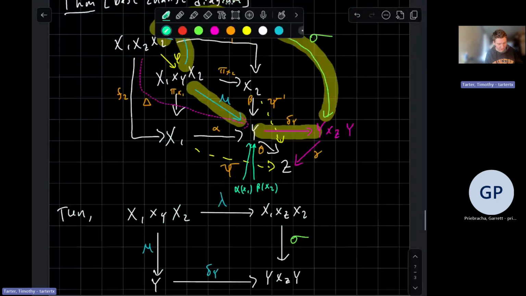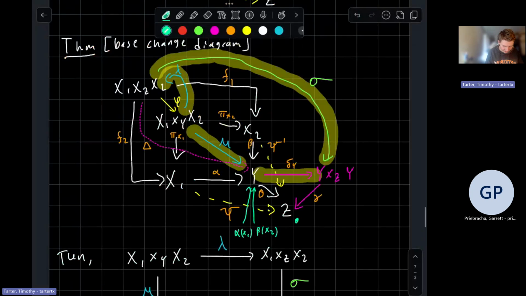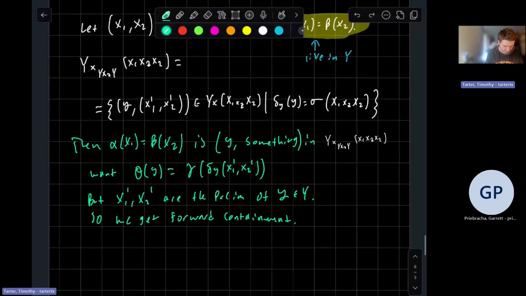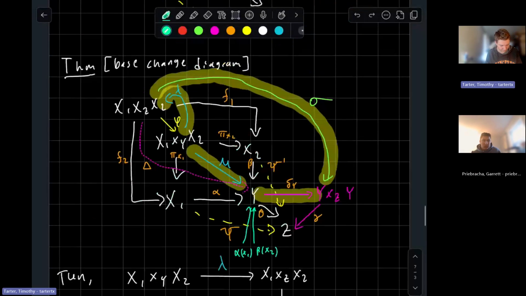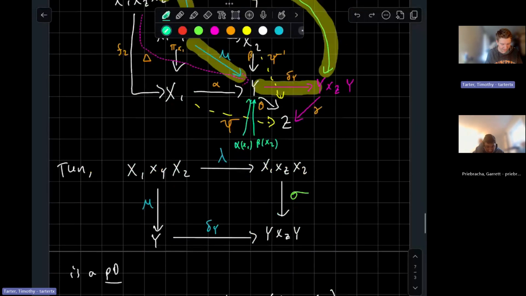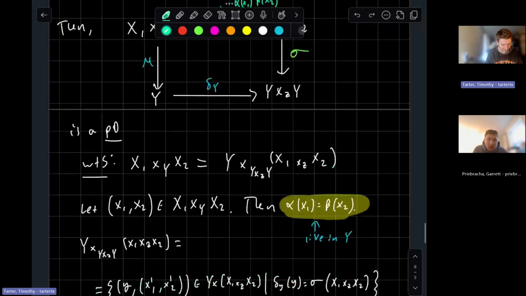Does that make sense? So we're saying we get the same thing in here by going back this way or going back this way, and then up to x1 prime and x2 prime. Does that make sense how we get the forward containment?